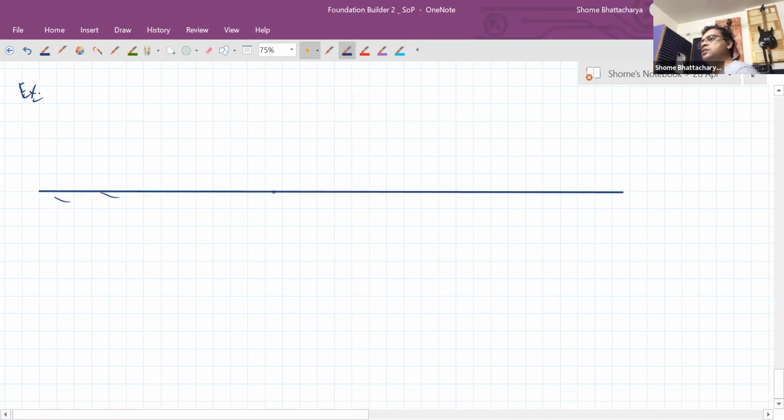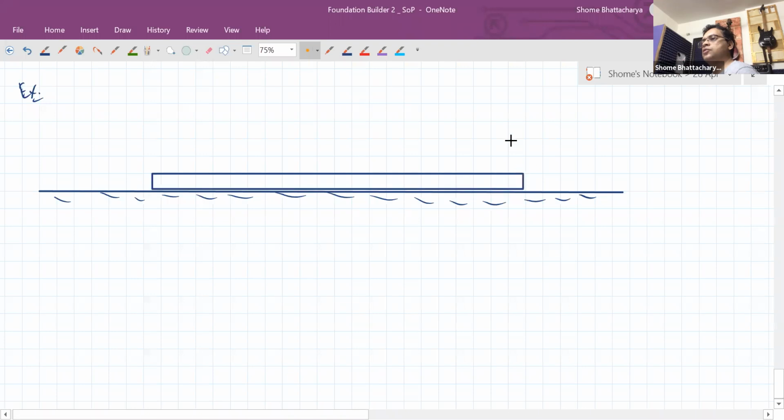So we have a smooth surface, okay, on which we have a wooden platform. Okay, on which we have two people standing at the two ends of the platform. We would have done a question where a single person was at one end. So let's say these are two people, A and B, okay, and this is a wooden platform.